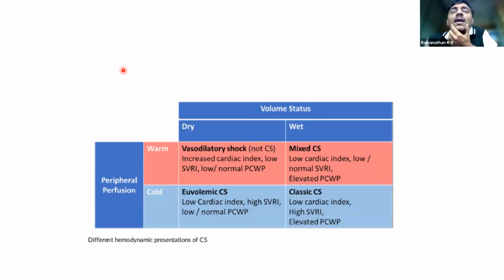A good bedside yardstick would be to look for whether their peripheral perfusion is good or bad. Usually, classic cardiogenic shock presents with cold, clammy peripheries. However, you can still get cardiogenic shock with warm peripheries when it is a mixed shock. And very often, if there is no cardiac or cardiogenic history and the patient is warm peripherally, you suspect more of a vasodilatory shock.